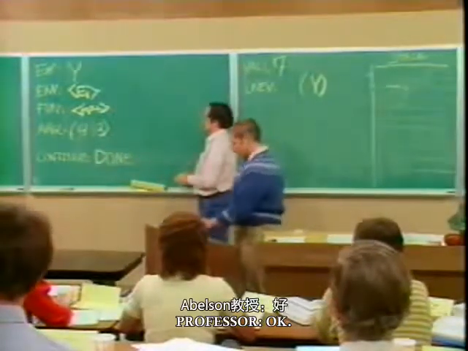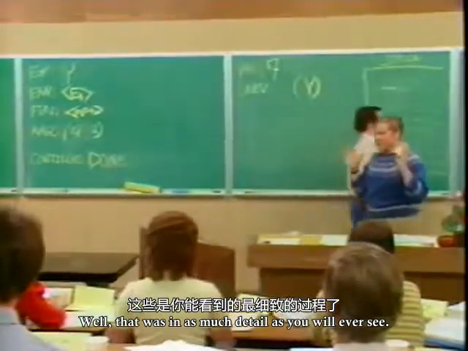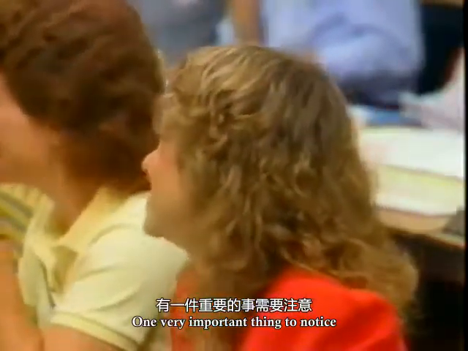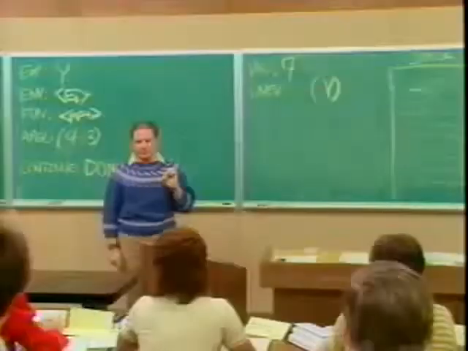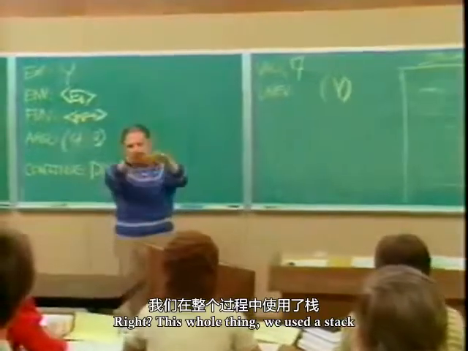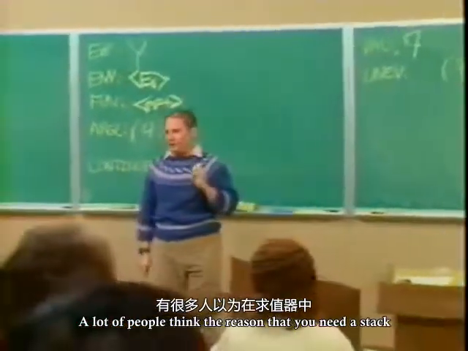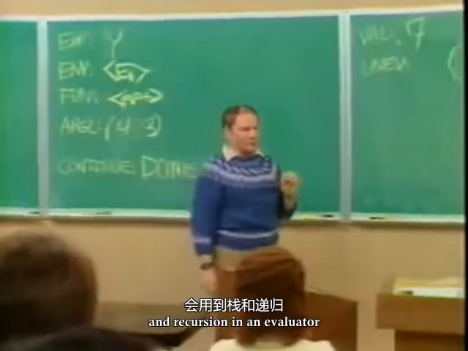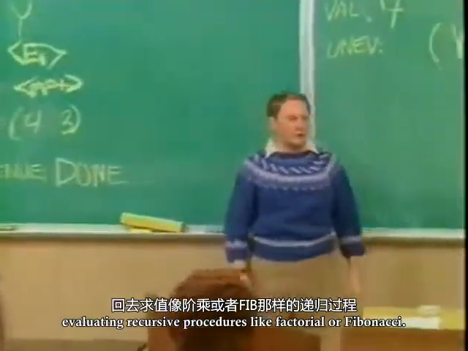Done. Okay. Well, that was in as much detail as you will ever see. We'll never do it in as much detail again. One very important thing to notice is that we just executed a recursive procedure. We used the stack, and the evaluator was recursive. A lot of people think the reason that you need a stack and recursion in an evaluator is because you might be evaluating recursive procedures like factorial or Fibonacci.